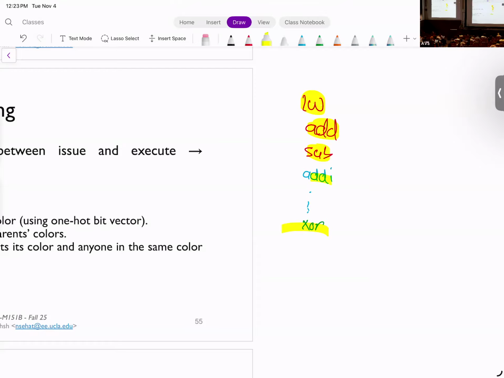The way to prevent those kinds of unnecessary flushing is that you color the instructions. So dependencies will be colored, and you only find the tags that are relevant to that instruction and only flush those instructions. Okay, same thing for branches. You can also color instructions that are after the branch and color the instructions that are before the branch, and only flush things that are colored with that branch. Make sense? Questions?